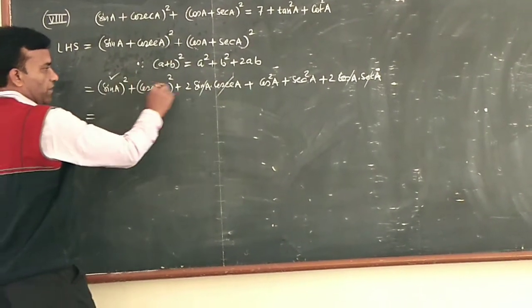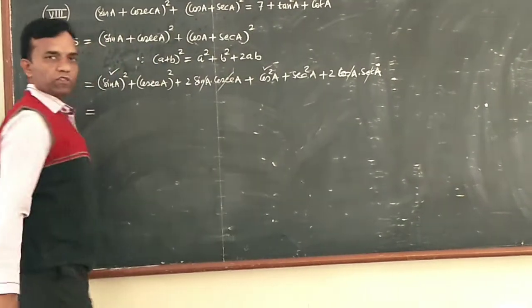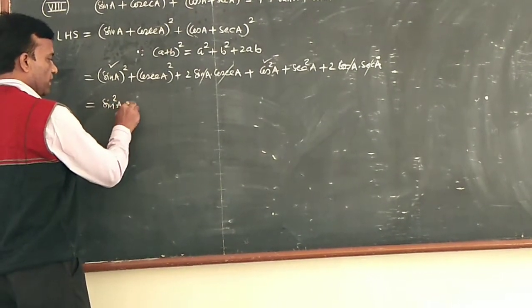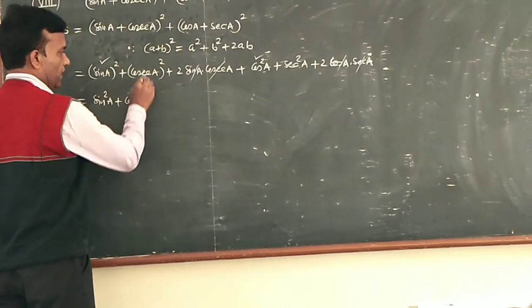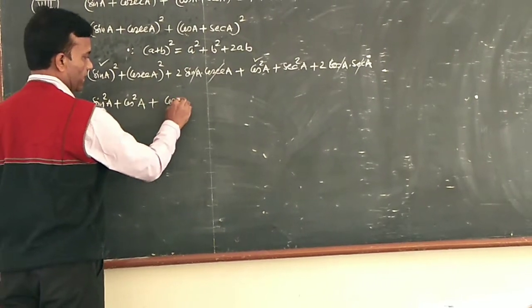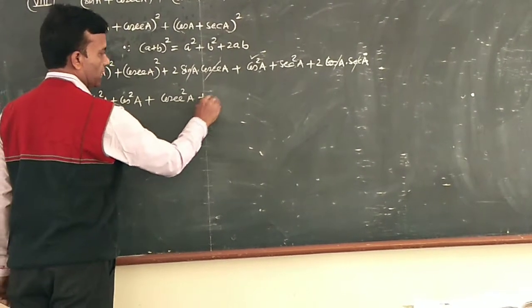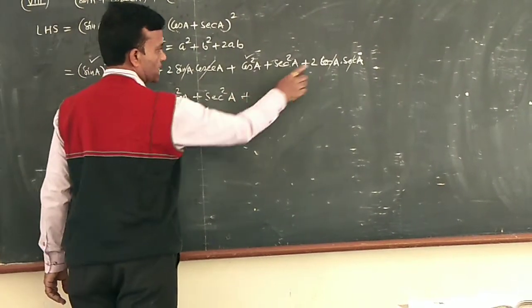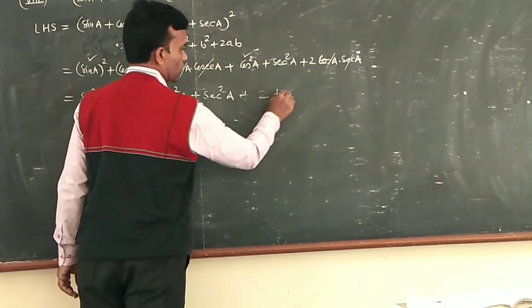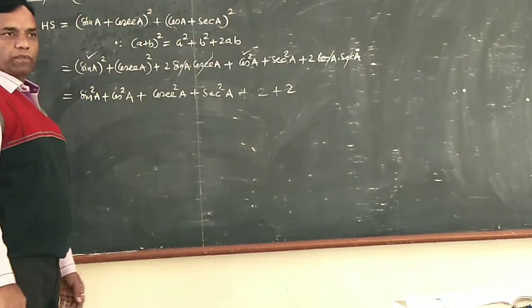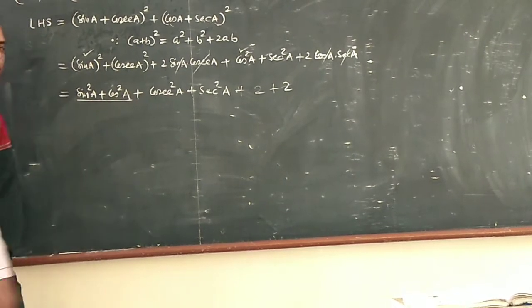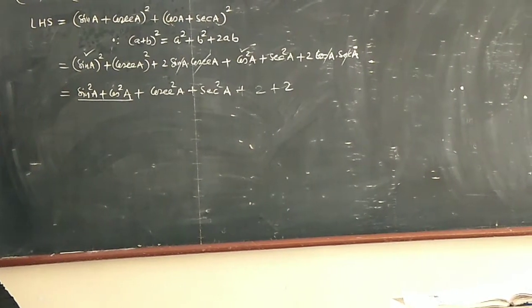Now two terms will be given in the form of sin and cos. So first you add up together these values. So you have sin square A plus cos square A. And the remaining two terms you also write down separately here, cosec square A and then plus sec square A. You have 2 here and similarly 2 here. So 2 times you have 2. Okay, what is the identity of sin square A plus cos square A? Equal to 1.